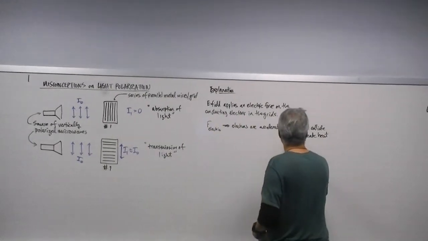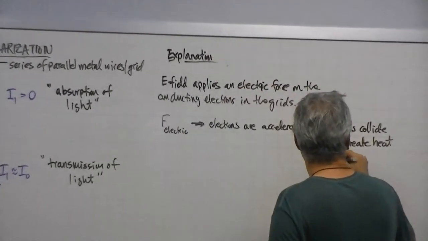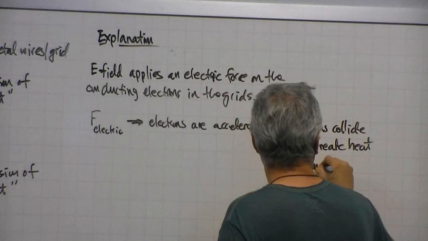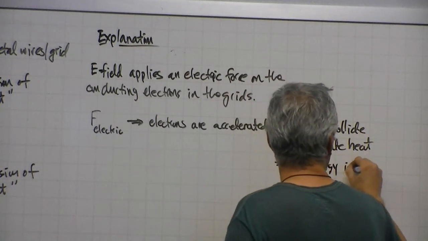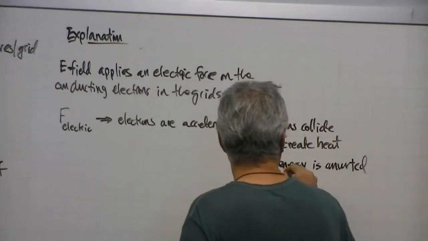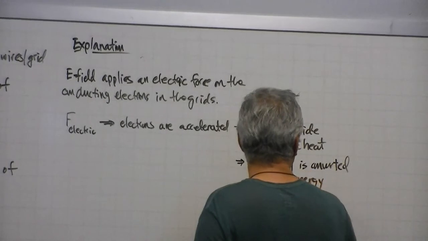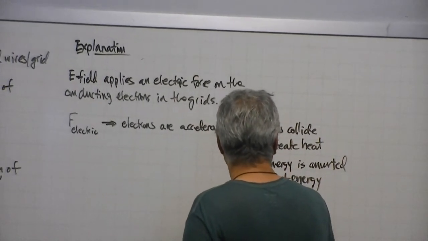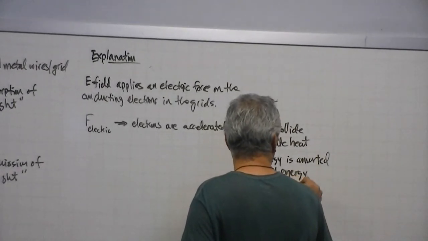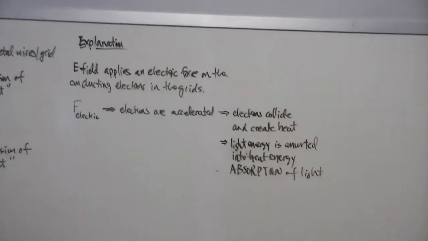When it gets converted into heat energy, we say absorption of light. Therefore, no light gets through.